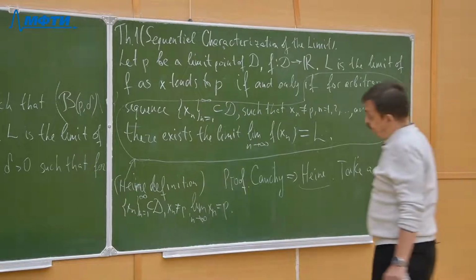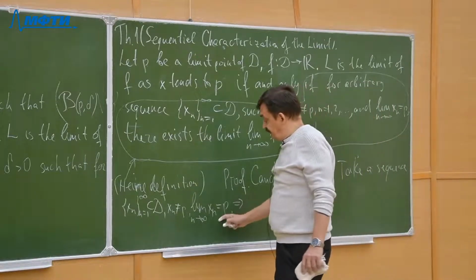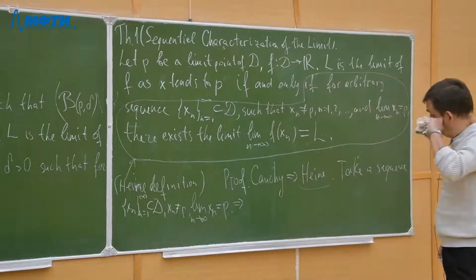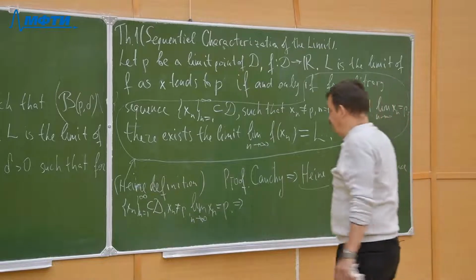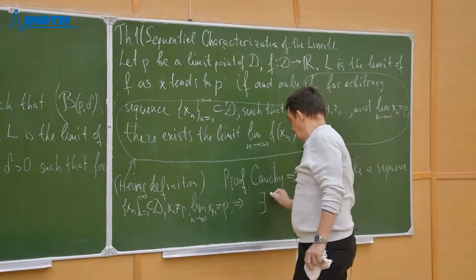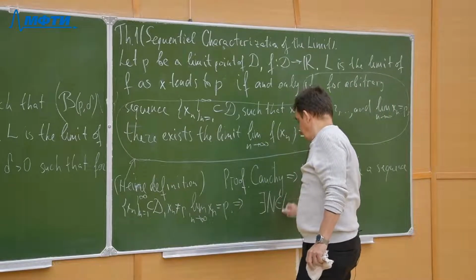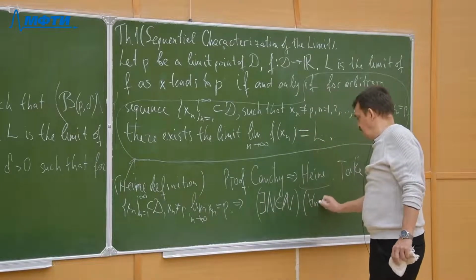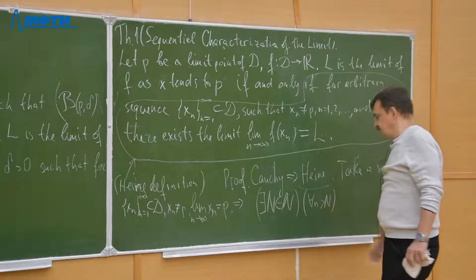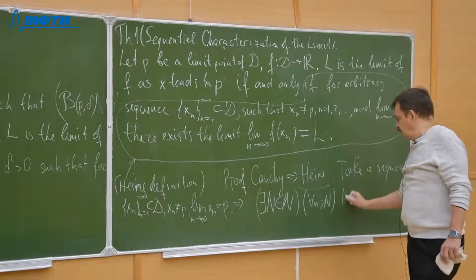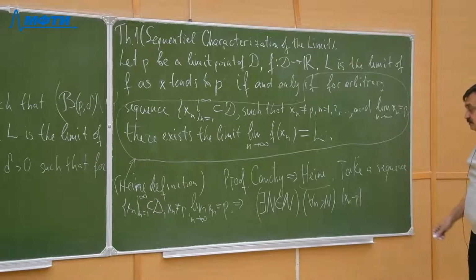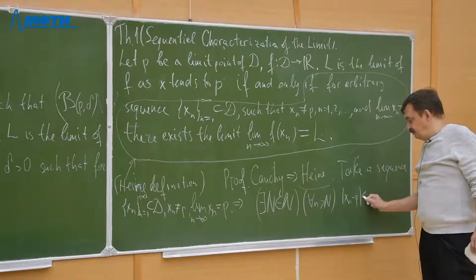Then, from the definition of the limit of a sequence, we can find a natural number n such that for all n greater than this natural number, modulus of xn minus p is as small as we want.